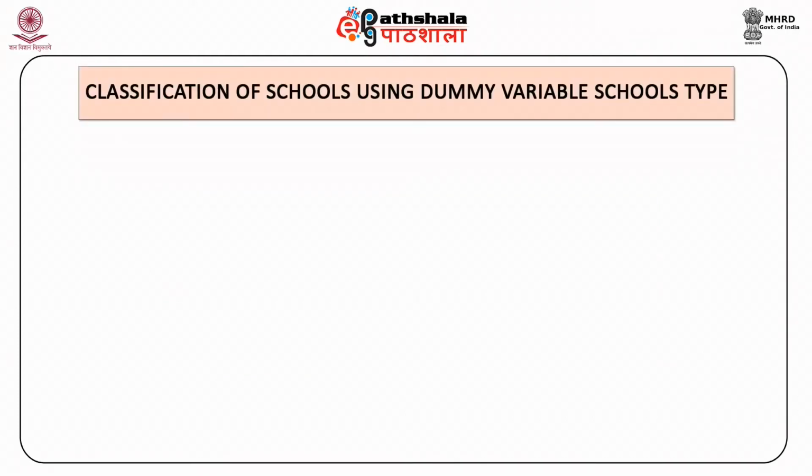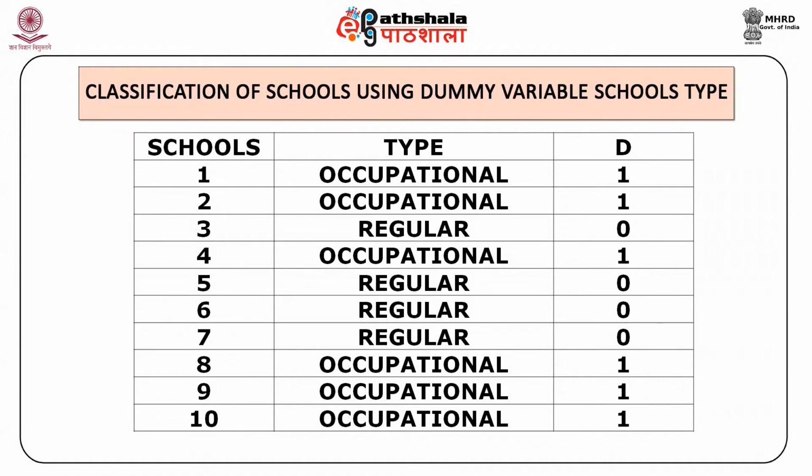As we are now aware of what the different components of this example are, this simple table explains how we can simplify the regression by the use of dummy variable d. The table above shows that both the types of schools can be represented in binary form using a dummy variable.